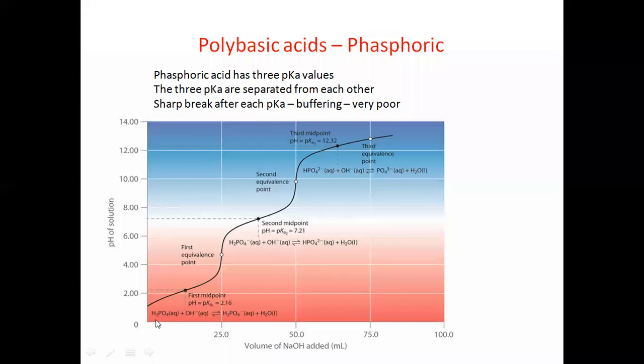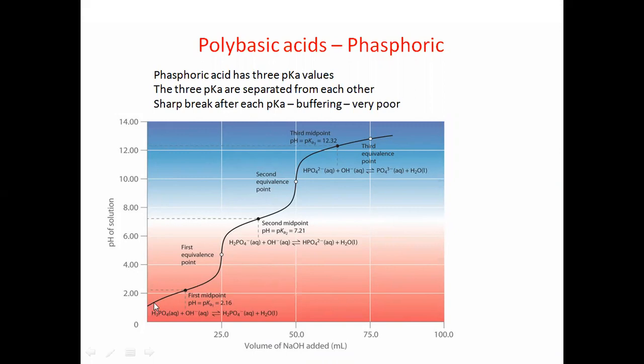One proton comes out, becomes water, and the anion that you are getting here is H2PO4 minus. So the formation of H2PO4 minus from H3PO4, this equilibrium exists at the pKa 2.16. So this is one proton replacement.